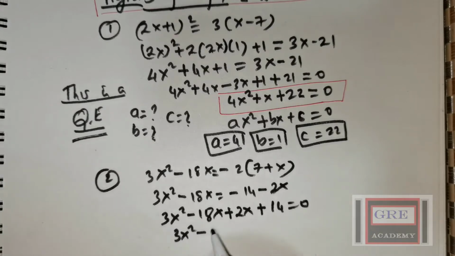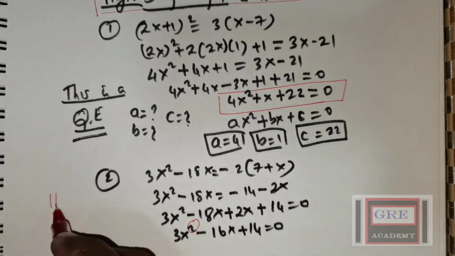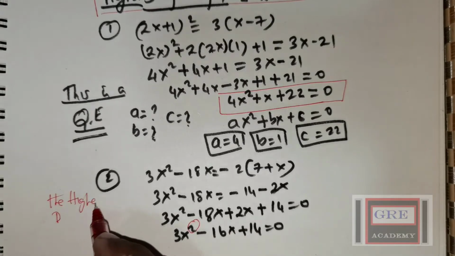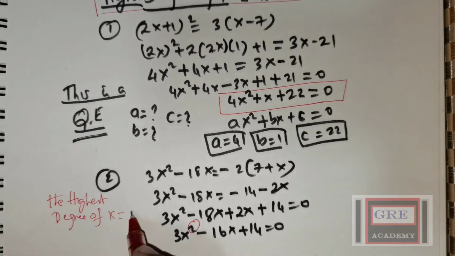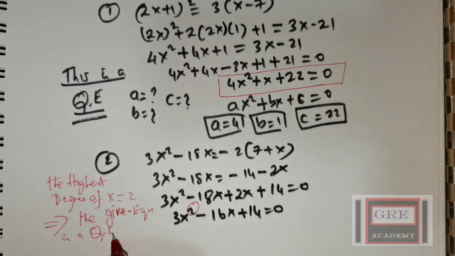From here it's 3x squared - 16x + 14 is equal to 0. You can clearly see the highest degree of x is 2. So this means the given equation is a quadratic equation.